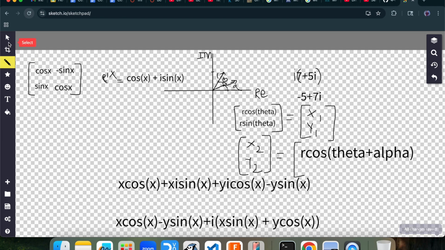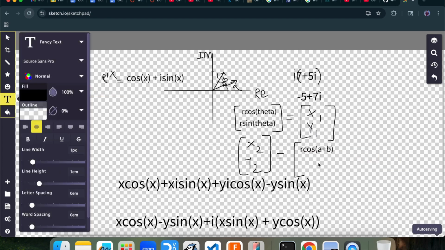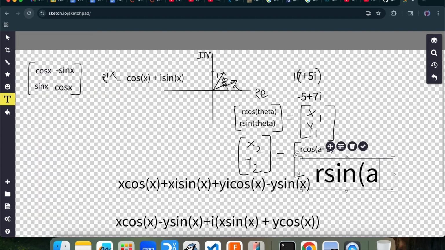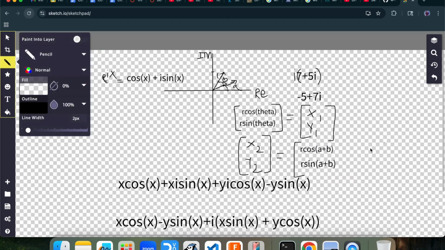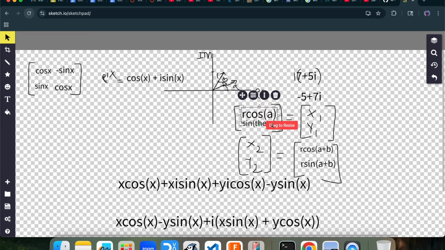So A plus B. R cosine A plus B, and then the y would be R sine of A plus B.